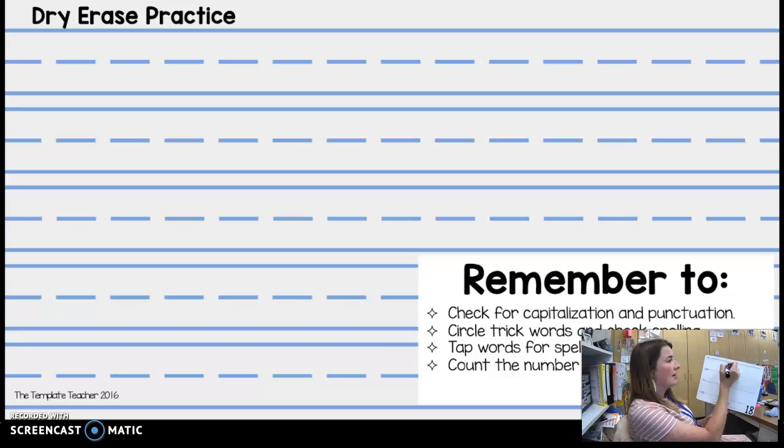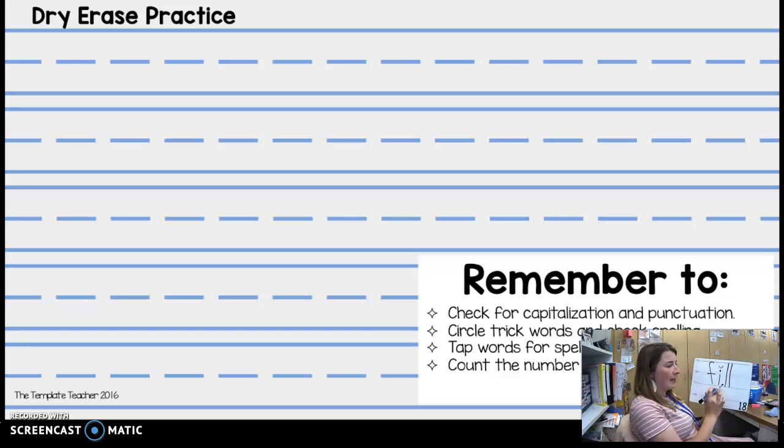The first sound is F. The next sound is I. Last sound is L. Oh, there's that bonus letter. So I need to add another L because this is a short I. I marked the short I with a breve.